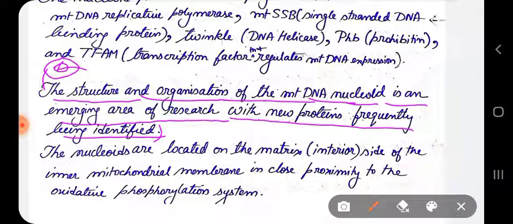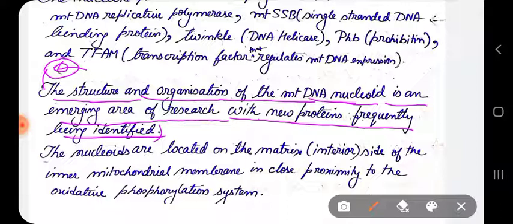So somehow mitochondria is related. We all know mitochondria is related with the powerhouse, with energy production, ATP production. But at the same time, if you see at the molecular level, some of the genes encoded by the mitochondria are nowadays being seen to perform some important functions.